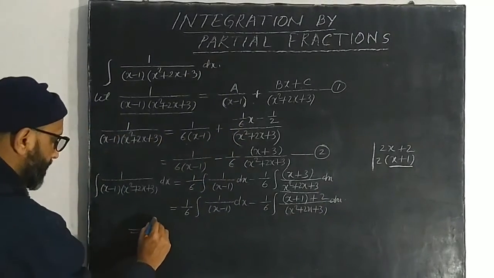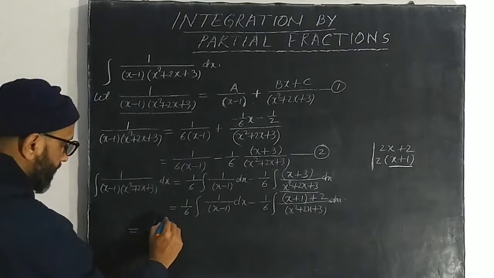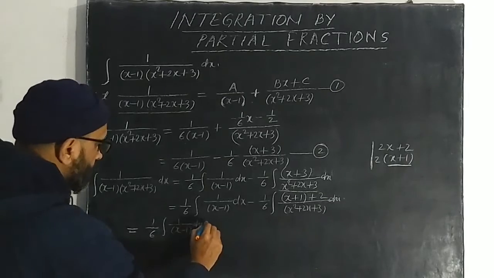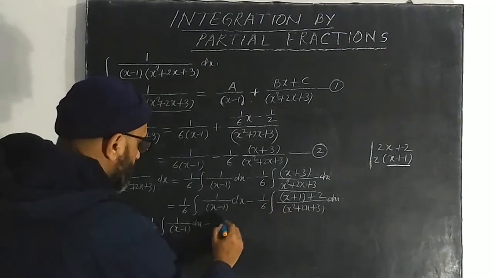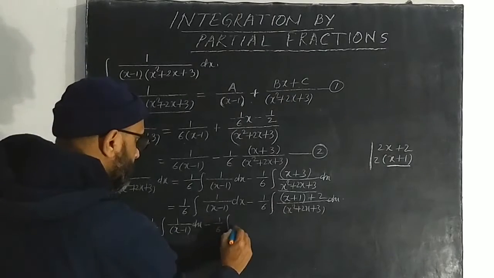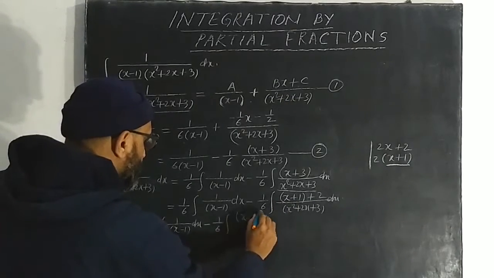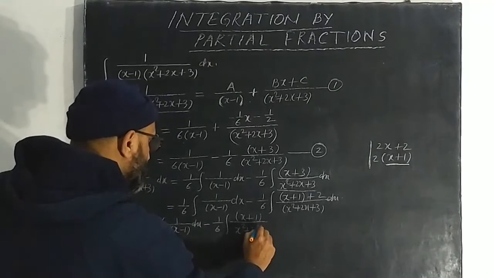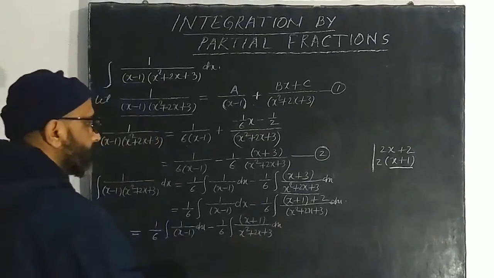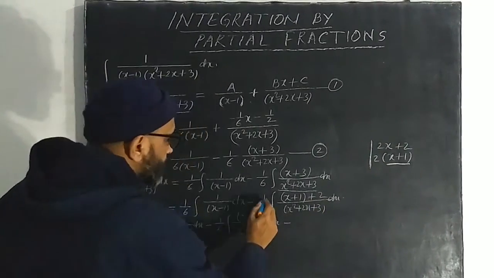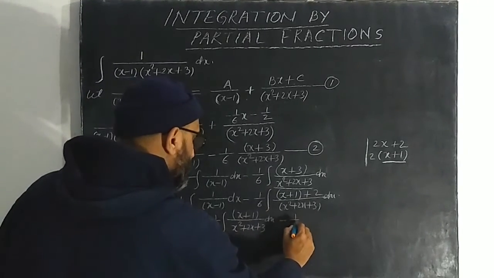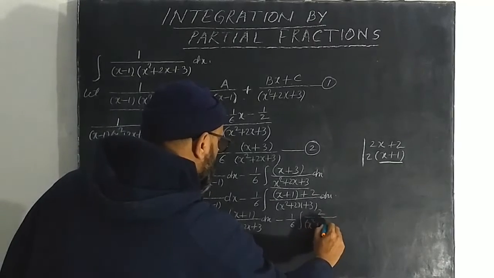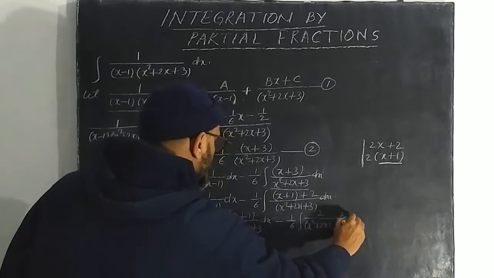So now the integral is equal to 1 upon 6 integral 1 upon x minus 1 dx minus, if we split them up, we get 1 upon 6 integral x plus 1 upon x square plus 2x plus 3 dx, and next minus 1 upon 6 integral 2 upon x square plus 2x plus 3 dx.